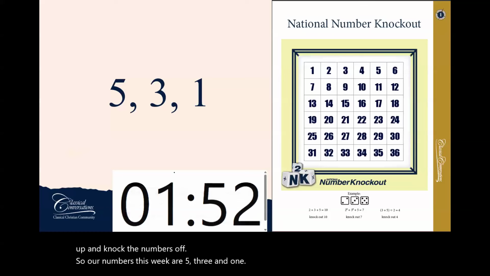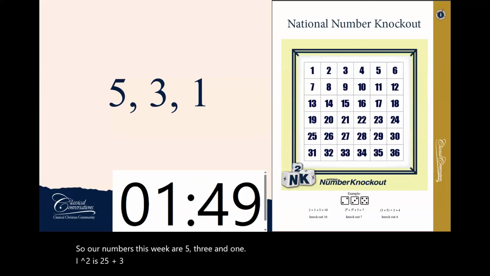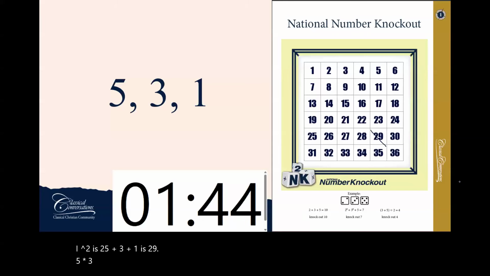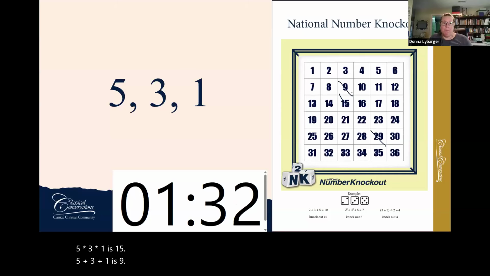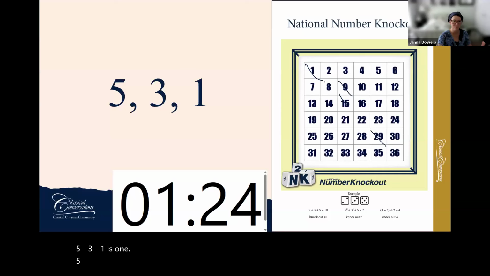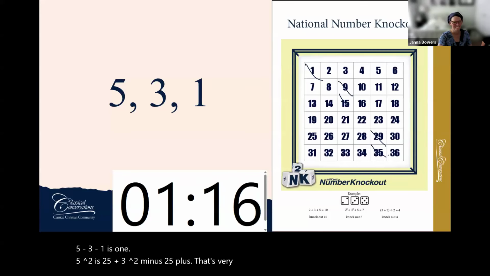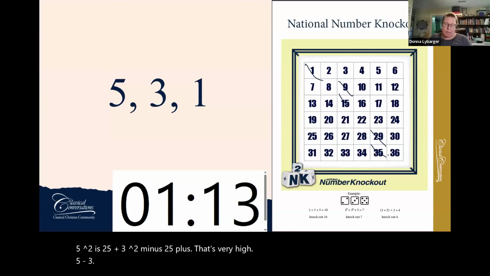5 squared is 25 plus 3 plus 1 is 29. 5 times 3 times 1 is 15. 5 plus 3 plus 1 is 9. 5 minus 3 minus 1 is 1. 5 squared is 25 plus 3 squared is 34 plus 1 squared is 35. 5 minus 3 times 1 equals 2.